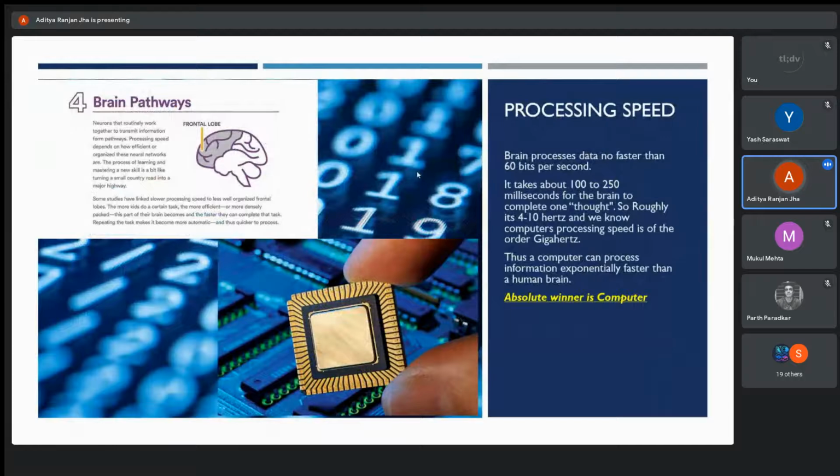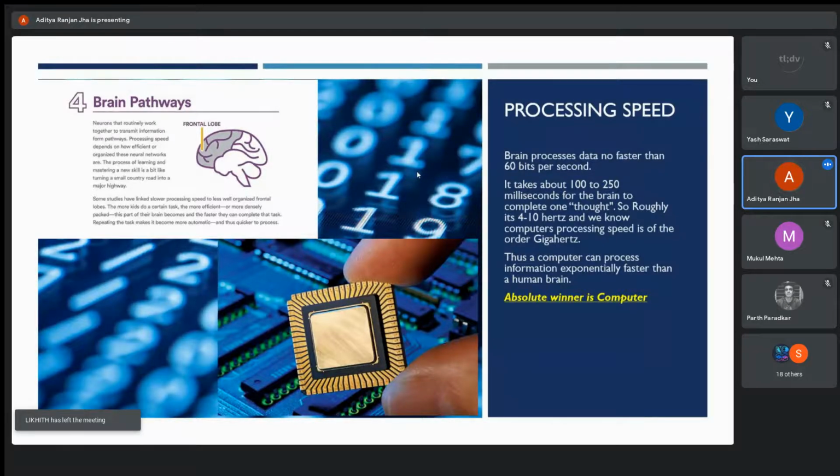The picture for this might be clear to all of us, but I'll talk about some general facts to make it more clear. About computers, we know what processing speeds we have, but brains cannot process more information than 60 bits in a second.